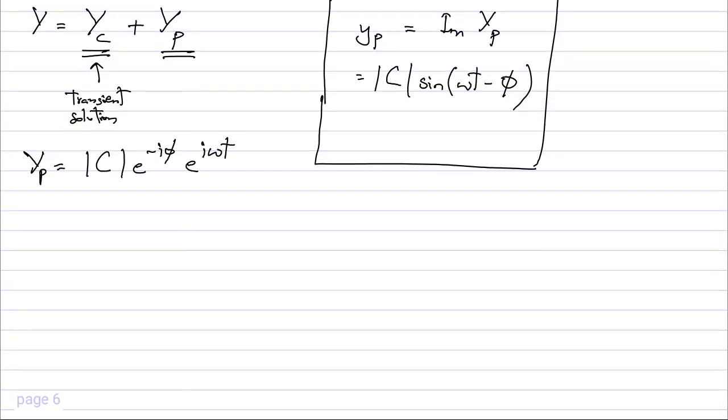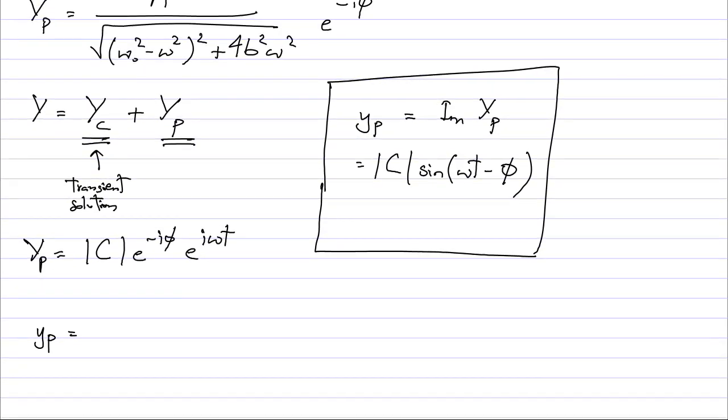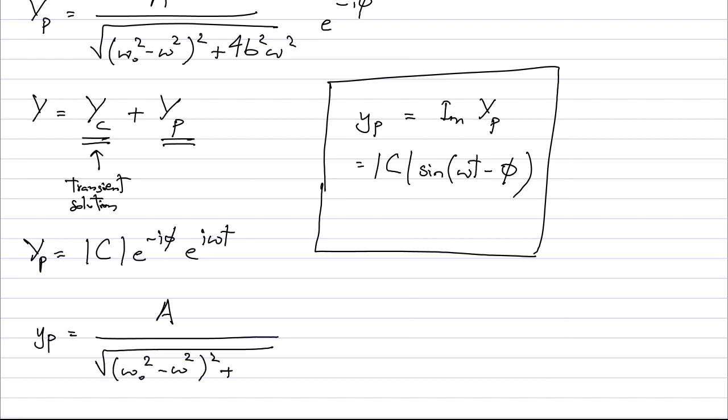So in other words, let me just write it down explicitly. yp is given by a over the square root of (ω₀² − ω²)² plus 4β²ω², and that's mod c, and then you have sine of (ωt − φ).